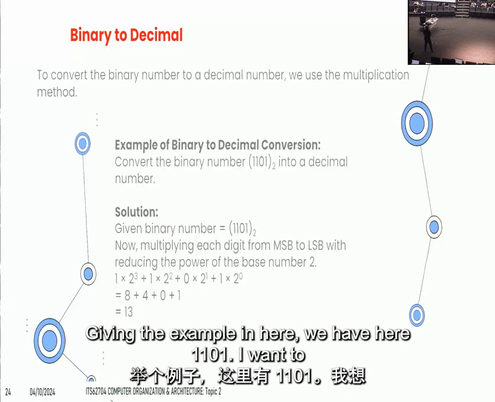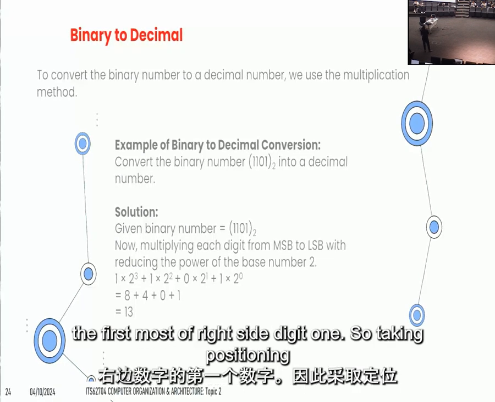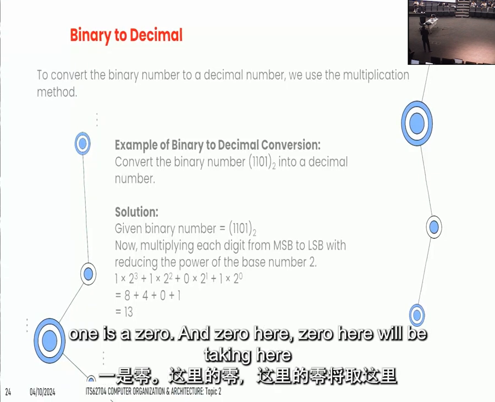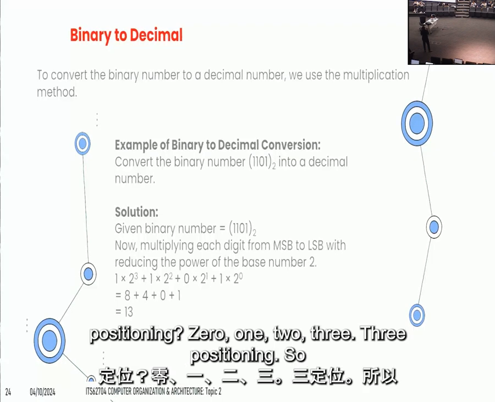Giving the example here, we have 1101. I want to convert to decimal. I use multiplication, taking the first digit from the right side, 1, at positioning 0. Then 0 here at positioning 1. How many positions? 0, 1, 2, 3. 3 positioning.